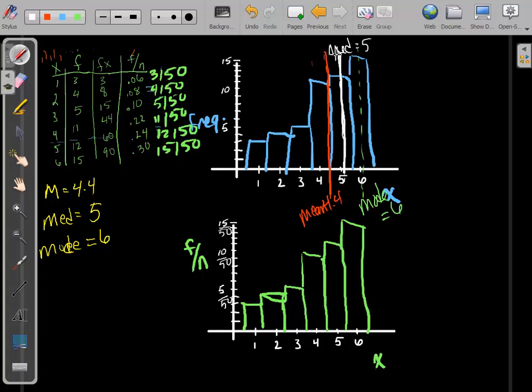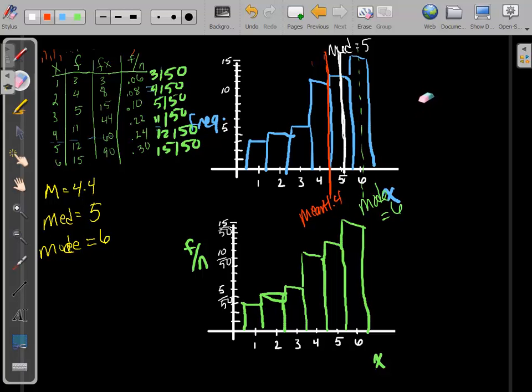Okay, with this, since it is skewed, we need to classify. This is getting at the shape of the graph. We need to classify the skew factor, or the direction of the skew. So based on this, you notice that the tail, so the shorter values, that's the tail. It's on the left, so we'd say that this is skewed left.